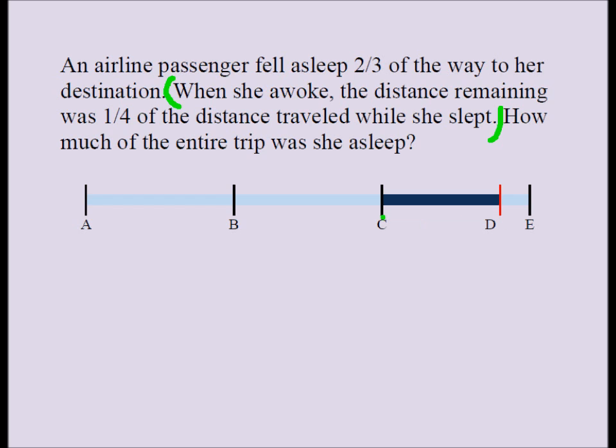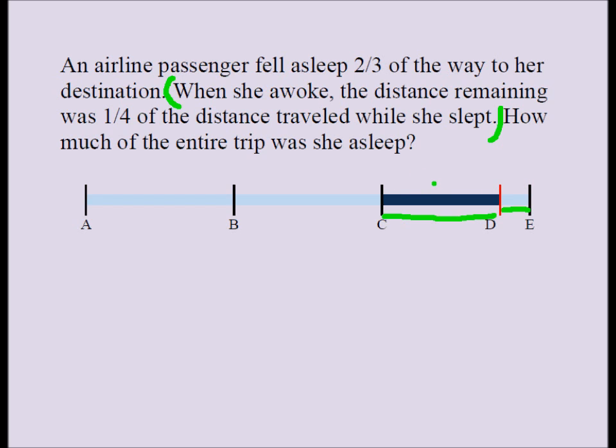This is the distance that was traveled while she slept, and this is the distance that was traveled after she woke up. According to the question, this trip is 1/4 of this trip. So the light blue part here is 1/4 of the dark blue part, and you really want to get this part. This part is 1/4 of this part.